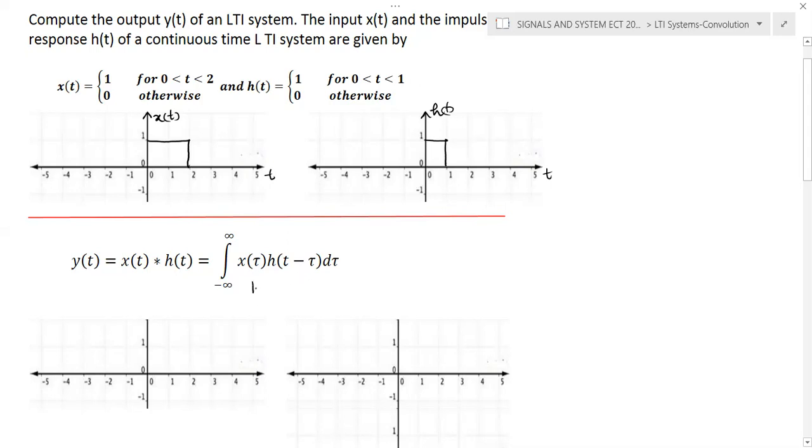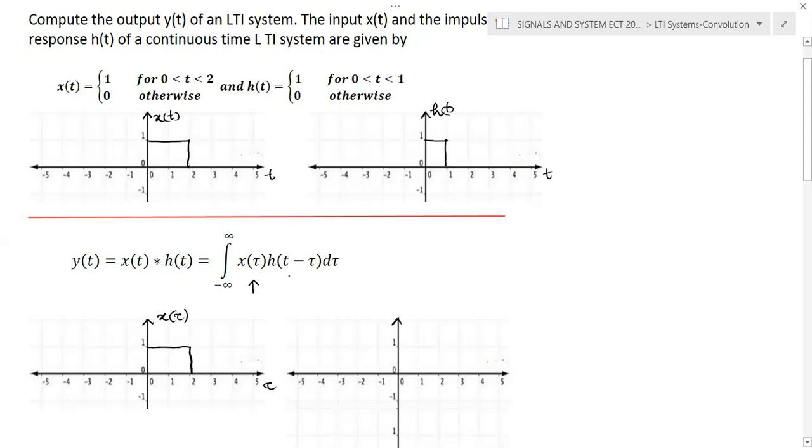In order to evaluate this equation, we require x of tau. In the question x of t is given, so we can simply replace t with tau. So you will get a new graph, that is x of tau with respect to tau. Simply replacing t with tau, you will get the same shape. This is the x of tau waveform.